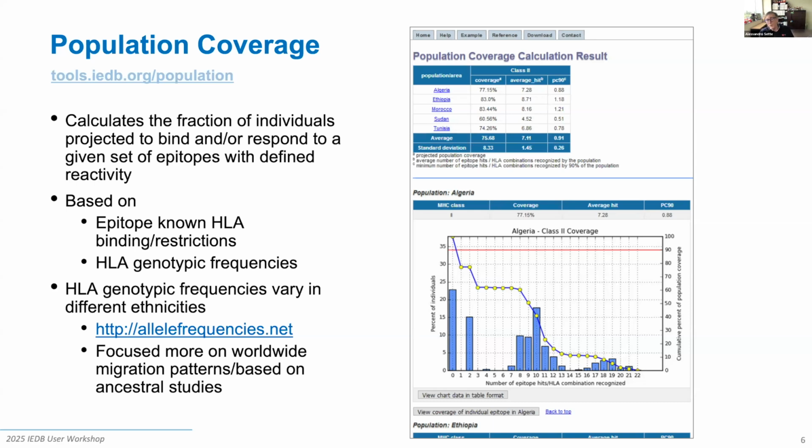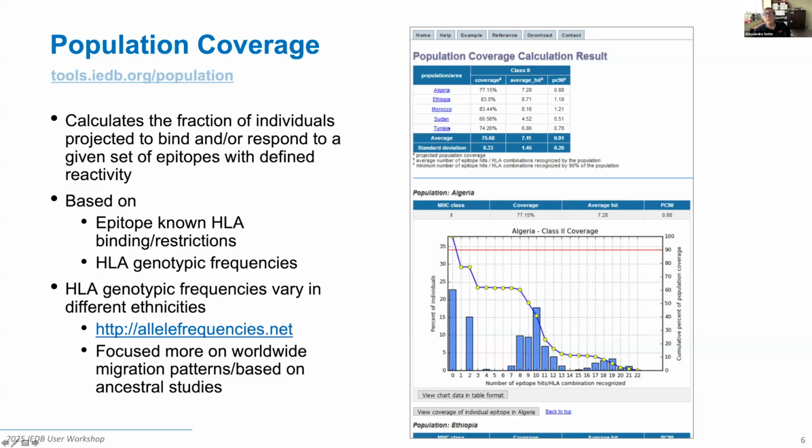But if you go into doing a projected population coverage in Sydney, Australia, there are a lot more people there that have rather different ethnic heritage. We'll get back to that issue in a second, because there is another set of HLA frequencies that we can access that solves that problem.